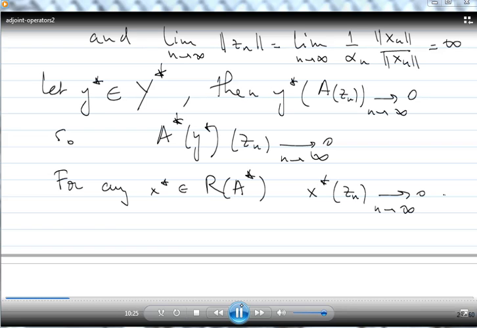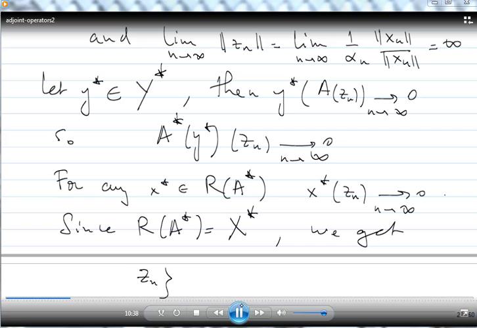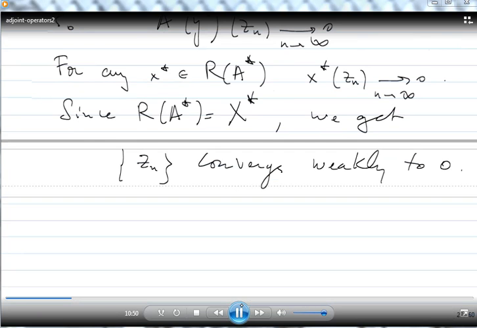But by our assumption, since the range of A star is exactly X star, we get that zn converges weakly to 0. And we know also that a weakly convergent sequence is bounded. So zn must be bounded. Contradiction.